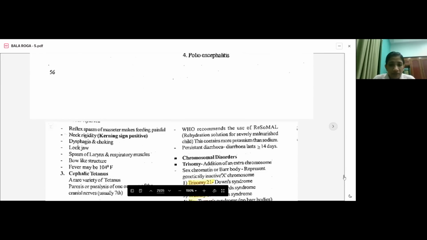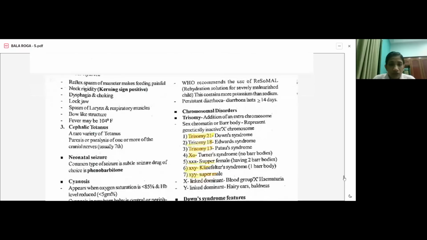So you have to remember these signs: Kernig sign, sunset sign, flag sign. Please write these down in another notebook and read it again and again.